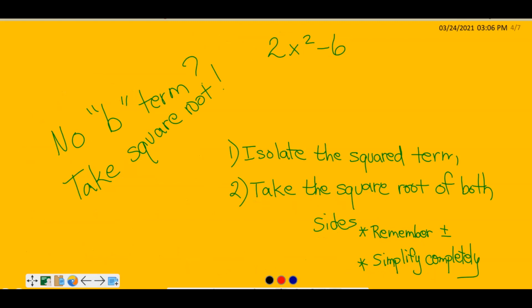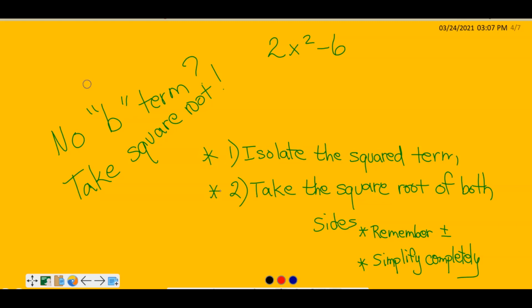If you don't have a b term, if you do not have a linear term at all, go ahead and take the square root. That's pretty quick, actually. So what do we do when we do that? Well, step 1, we isolate the squared term.